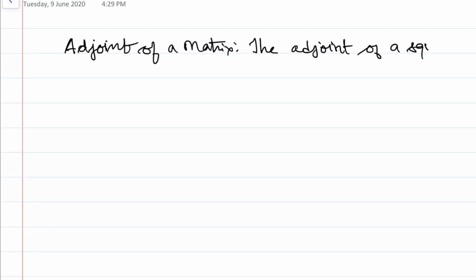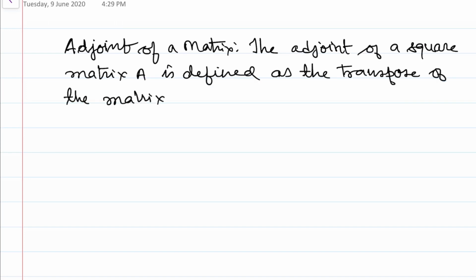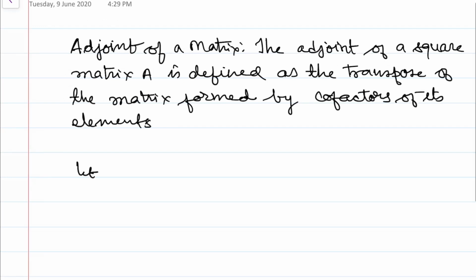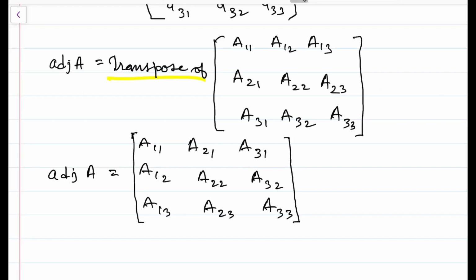The adjoint of a square matrix A is defined as the transpose of the matrix formed by the cofactors of its elements. For example, let A be a 3 by 3 determinant. Therefore, the adjoint of matrix A will be given as the transpose of its cofactors A11, A12, A13.